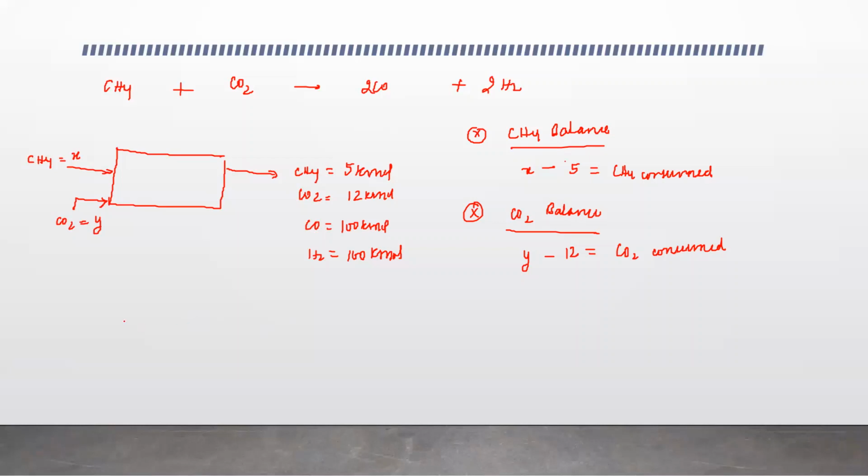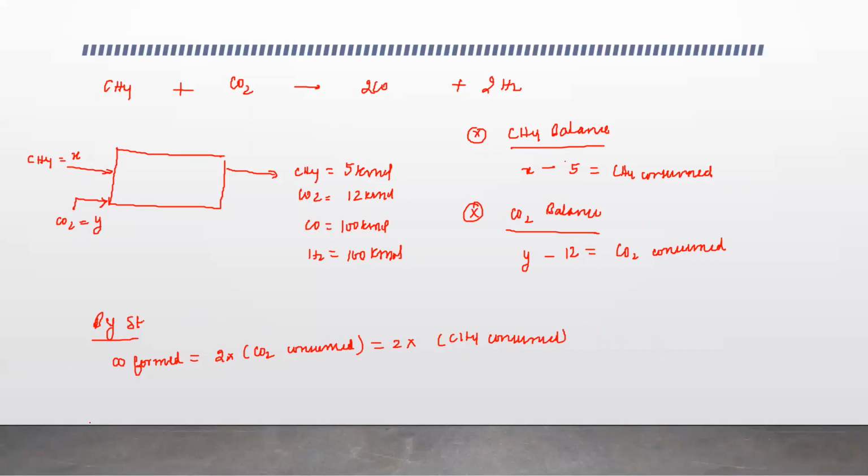So CO formed, by stoichiometry, is 2 times CO2 consumed, which is again 2 times CH4 consumed, right? CH4 consumed, CO2 consumed, same thing, right?